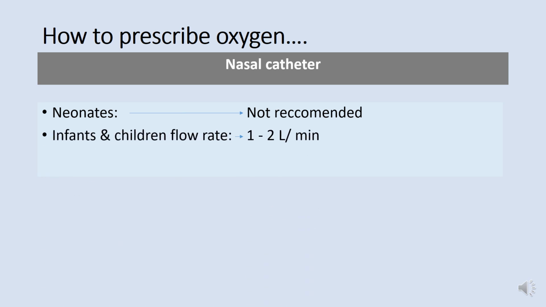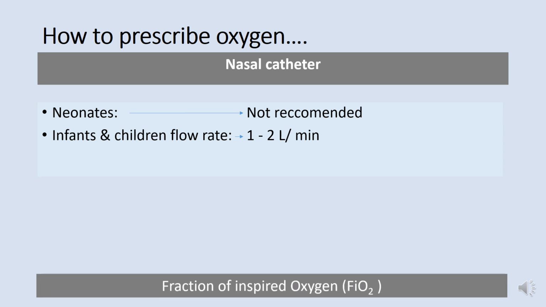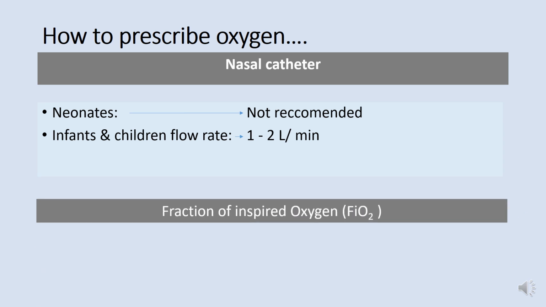However, in infants and children, the flow rate is usually 1 to 2 liters per minute. The expected fraction of inspired oxygen when you're using a nasal catheter is usually about 40% oxygen to the patient. These are important things for you to remember so that you know when you're prescribing what you're giving, to what extent, and what you expect.